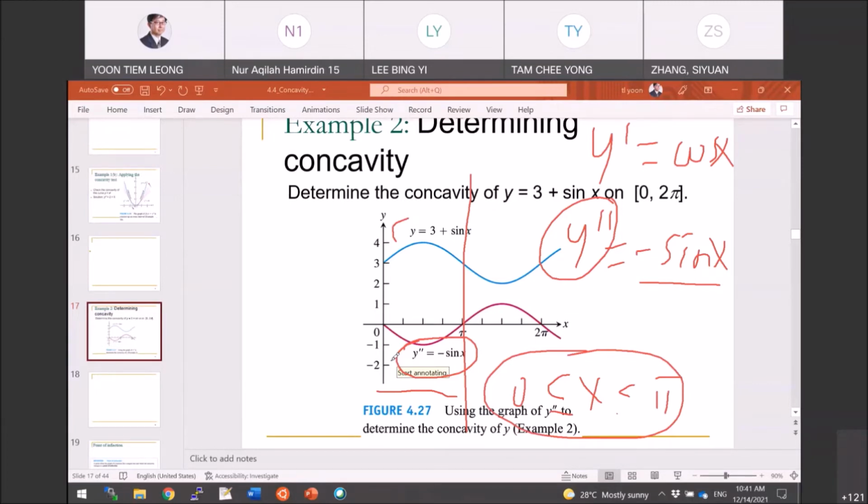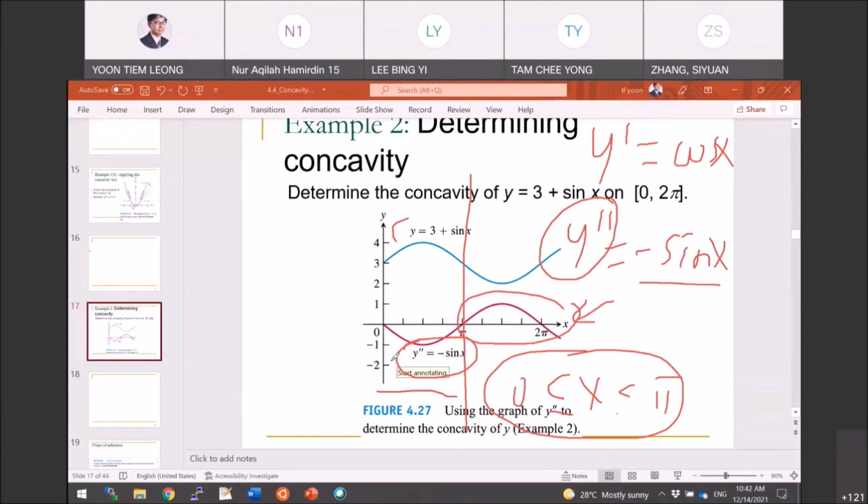And when x is in this region, where the values of y prime prime are for x ranging from pi to 2 pi, the sign becomes positive.